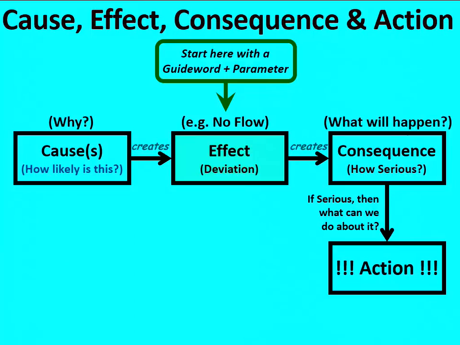Sometimes you can't think of a cause. That's fine, but you have to think about it first. But basically, if you can think of a cause, then it becomes plausible. You could have no flow. So once you've got a plausible cause for no flow, you say to yourself, well, okay, then that can happen. And if it does happen, what will be the consequence? What's going to happen as a result of this?